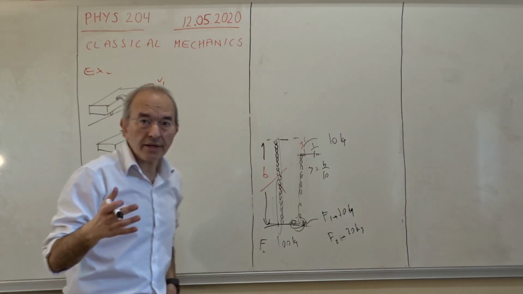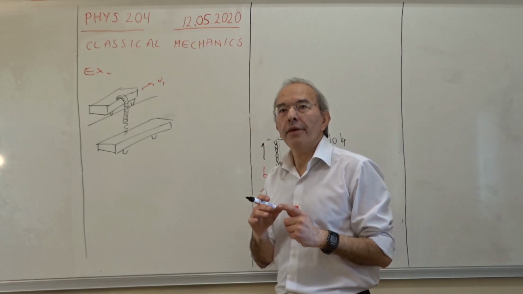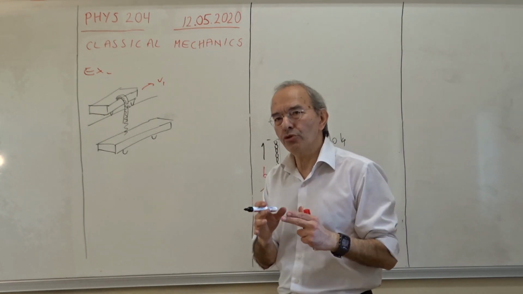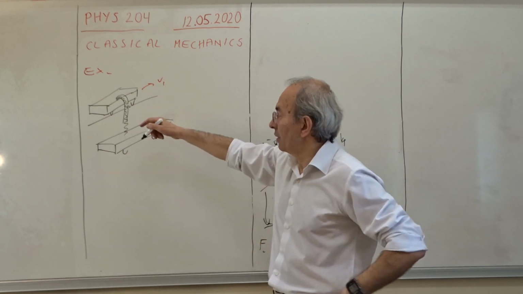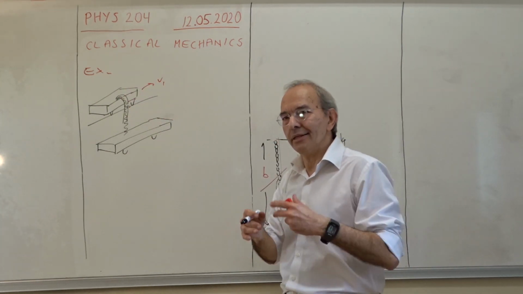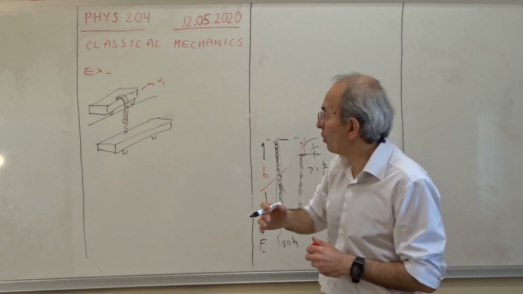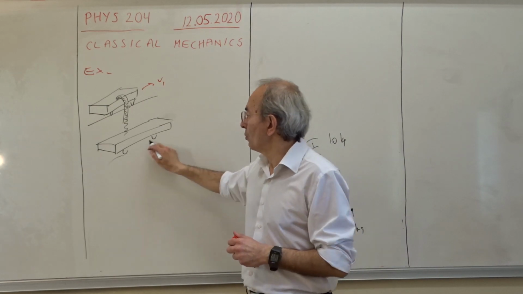There are 2 railway cars, for instance, having the empty masses M1 and M2. Also, the upper one is filled with some sand or water. Let's choose sand, for example. So that sand is transported from the upper one to the lower one. Initially, the lower one is at rest.